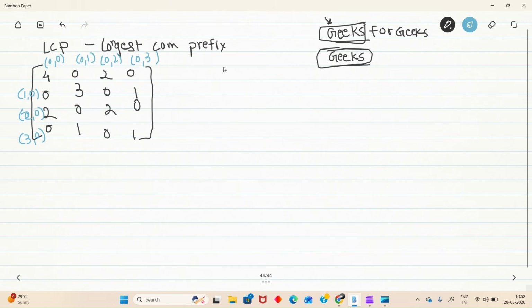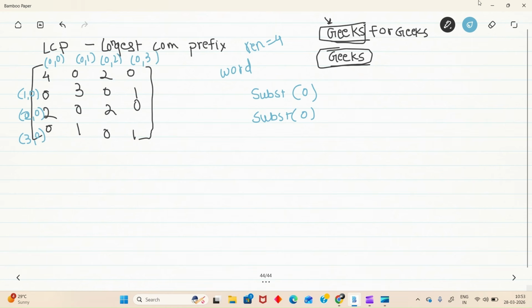What does this 0,0 mean? We have to find the word. It means the substring from 0 and the substring from 0. I am writing 0,0 because the comma n minus 1 is just 0. What will be the substring of 0 and the substring of 0? Both will be the same as the word, right? That's why it is 4, because the length of the word is 4. If I use the same word again and ask for the longest common prefix, it will be the same.